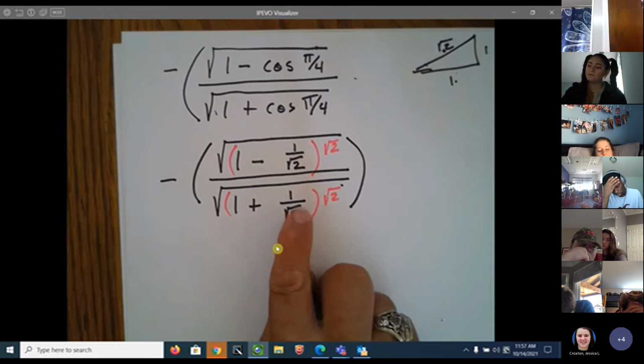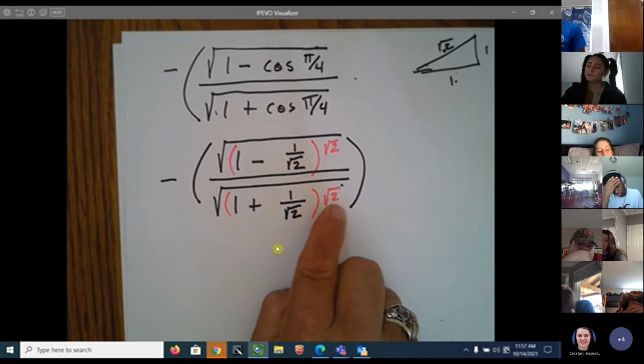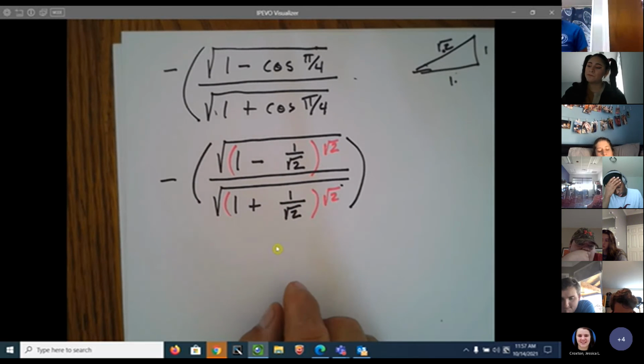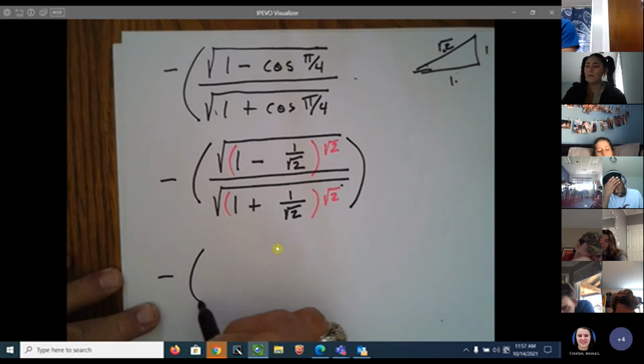I could have done that with just this, but I'm going to do it with both. And that's going to leave us with a little bit more simplified. You don't have to do this.